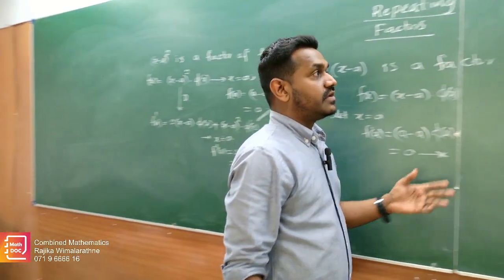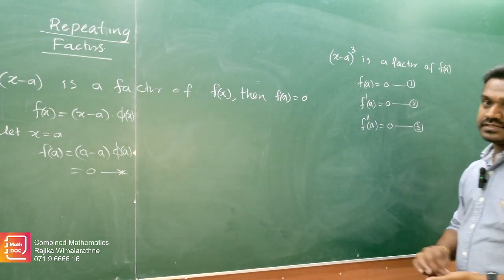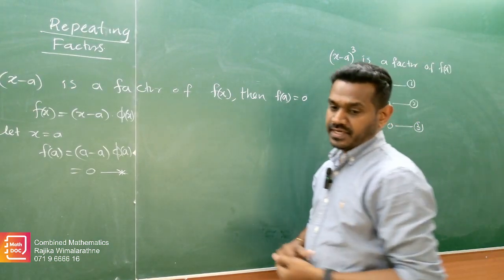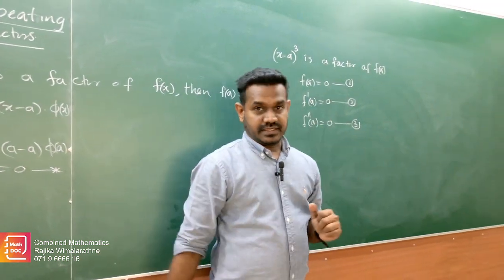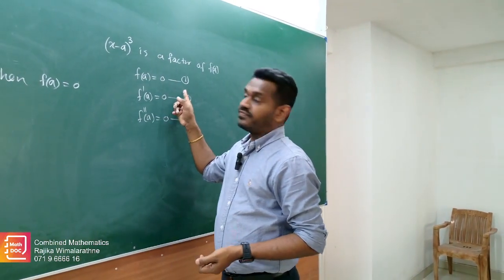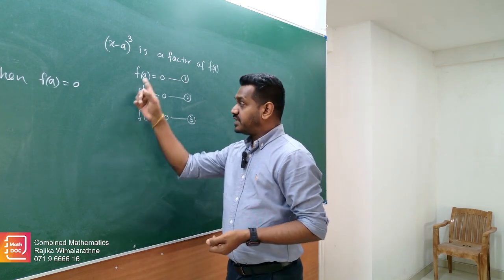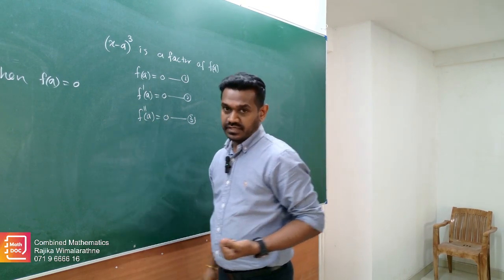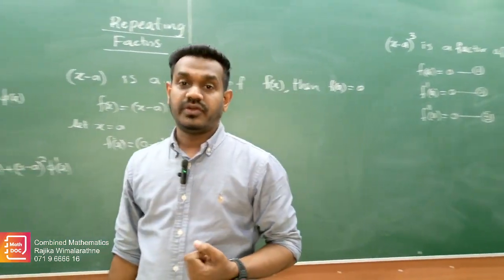Similarly, for three times repeated factors, surely f(a) is 0, f dash a is 0, and f double dash a is 0. That means the second derivative also is 0. That is the application of repeating linear factors for polynomial functions.